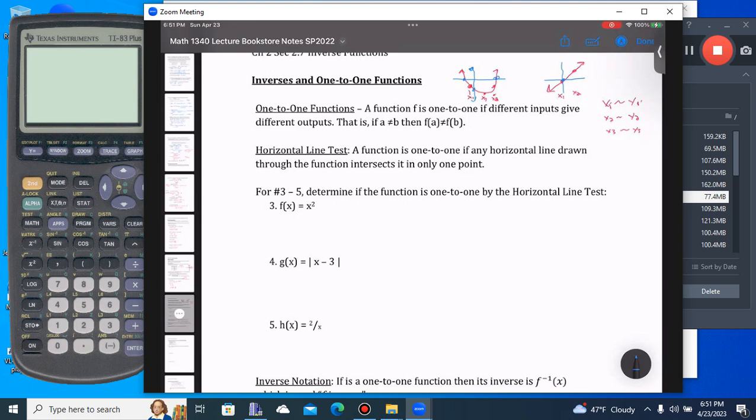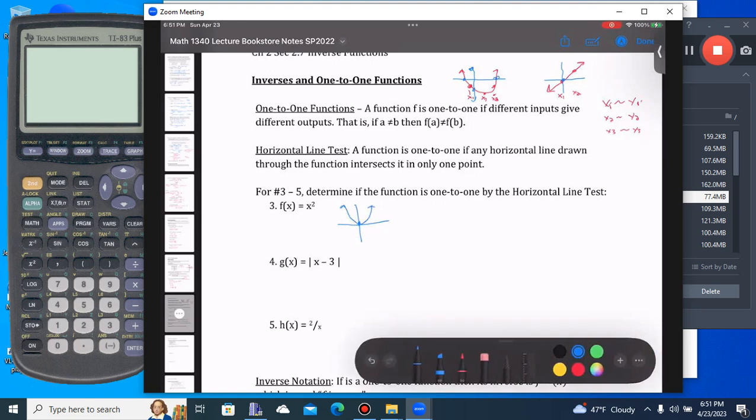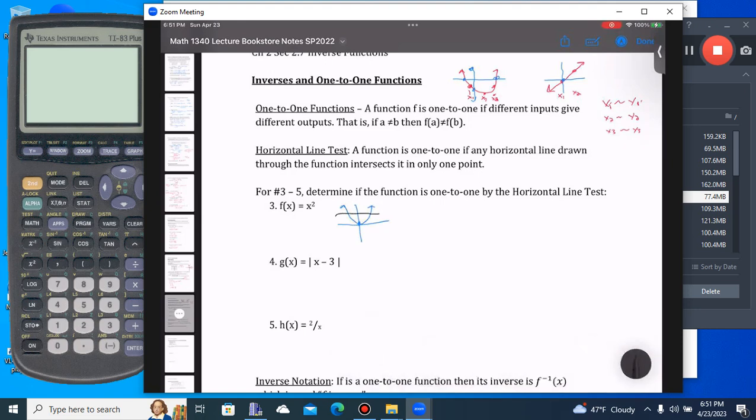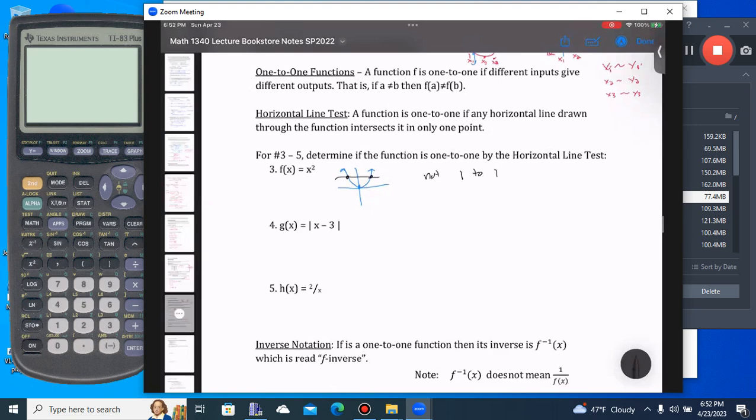So, f of x equaling x squared, there are multiple points again. And so this is not one-to-one. Absolute value of x minus 3.